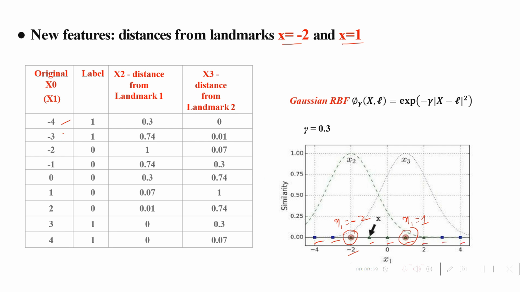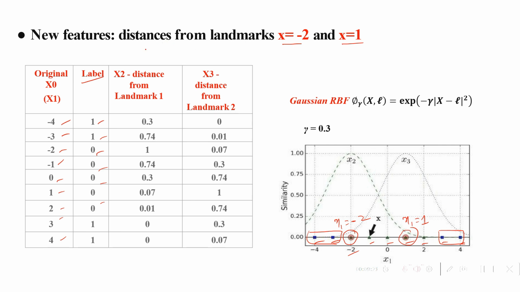We plot all the values on x1, your original values. For that we give the labels 1, 1, and those are called blue color points, and the green color points represent 0, 0, 0, like that. So we are placing the labels.